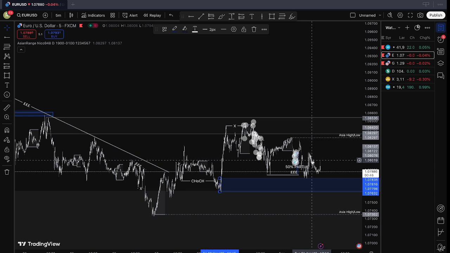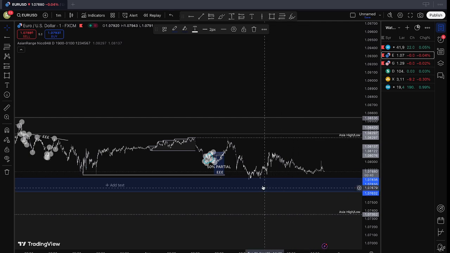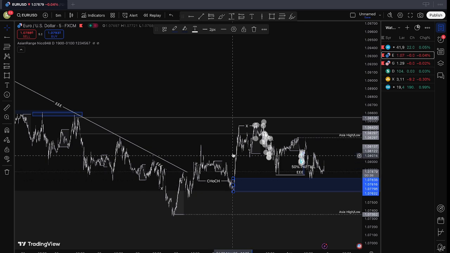So the buyers are in control, right? Like right now at least. So I try to sell in order to go to that 5 minute zone that I was talking about. This one right here, which was looking clean. So I wanted to try to sell to that zone.